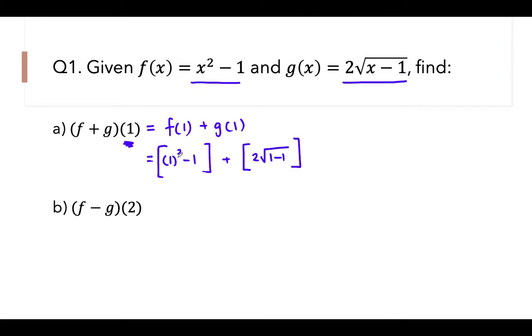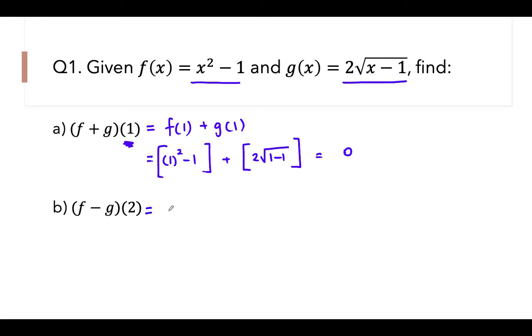You'll notice that 1 squared minus 1 is 0, plus 0, because 1 minus 1 is the square root of 0, which is just 0. And so what we just did is an arithmetic combination of two functions.